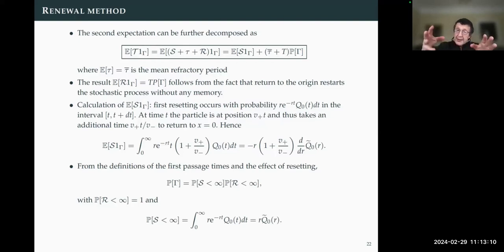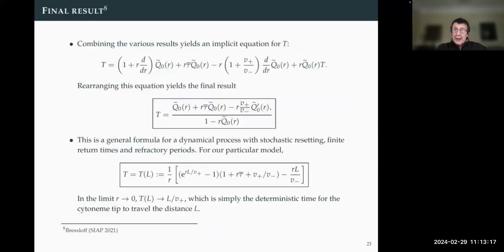By doing this, I can then use information that I know to calculate all the terms, put it all together and then rearrange, and I get an explicit formula for the mean first passage time of this resetting process that involves the Laplace transform of the survival probability without resetting, which I can calculate explicitly, evaluated at the resetting rate R, together with information about the plus and minus velocities, etc. And it's an explicit expression.